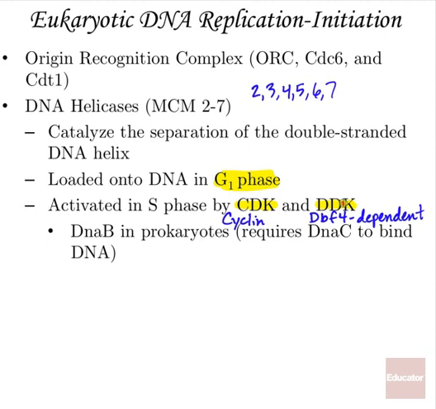Now, we have our helicases binding DNA, and when they are actually active, they will spin the DNA apart, okay, and they'll unwind it, and they do this by using ATP. So for every 2 bases that it pulls apart, it uses 1 ATP molecule, so it's very energy intensive.